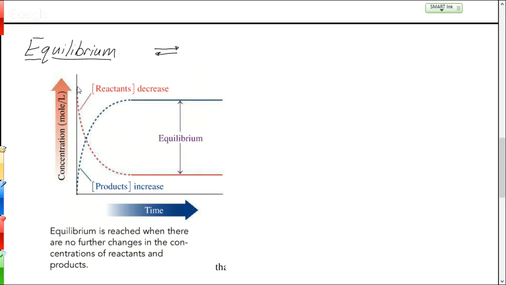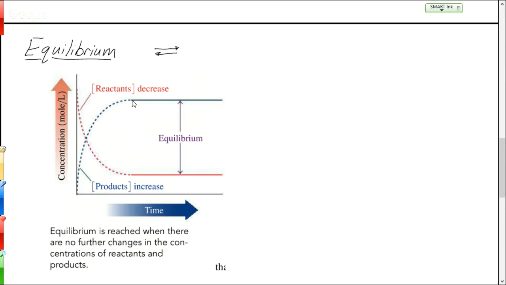So when you start a reaction, you have all reactants and no products, right? At the very instant the reaction starts, there's all reactants and there's no products. Then the reaction goes on, and what happens? Reactants decrease because they're getting used up, and products increase.